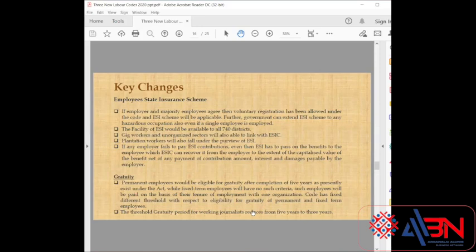For these working journalists, the period of gratuity has come down to 3 years. Earlier, until 5 years, they wouldn't be eligible for gratuity, but now after 3 years they are eligible. So we have fixed term employees who are eligible after 1 year, working journalists who are eligible after 3 years, and the regular employees who are eligible after 5 years.